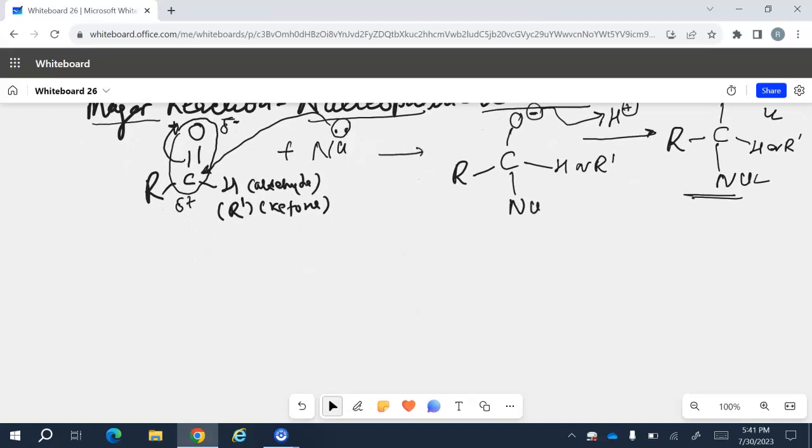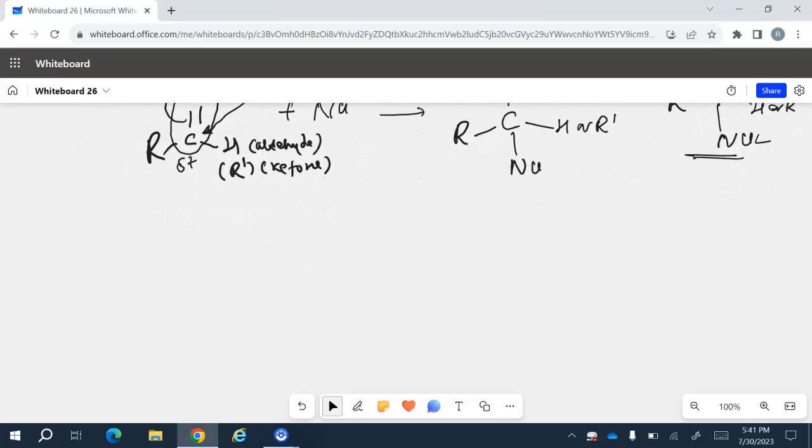Among this category, one of the most important reactions that we need to discuss here, number one, we call the Wittig reaction. It's a very popular reaction, very important from an examination point of view or understanding point of view as well.